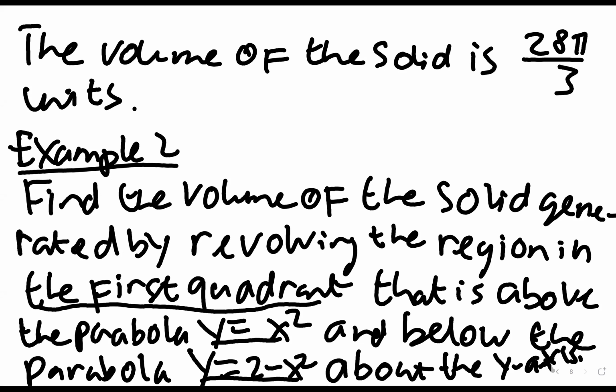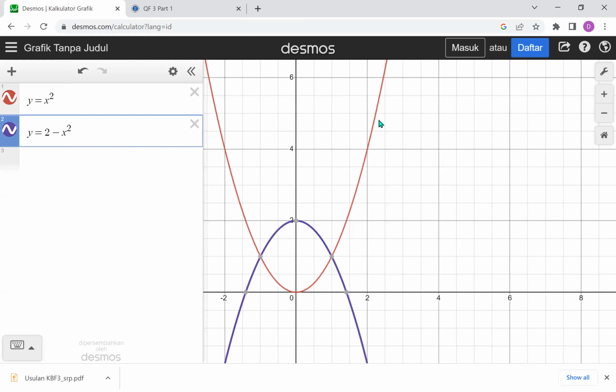So to sketch the region, of course, you have to sketch y equals 2 minus x squared, and then here y equals x squared. So the region will be, since it's only on the first quadrant, we only have this one. Okay. So this is the region.